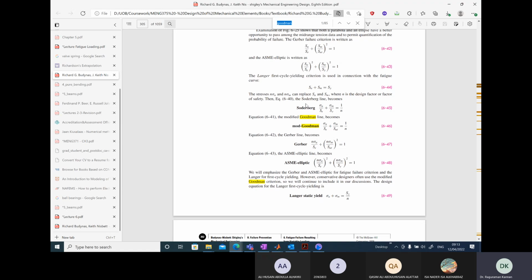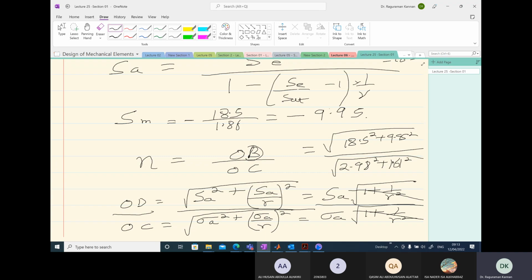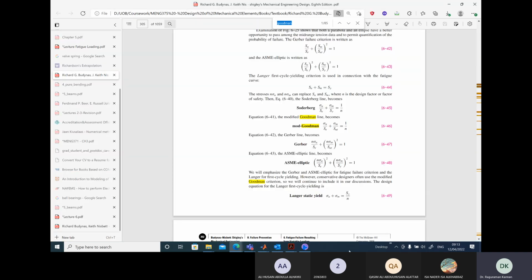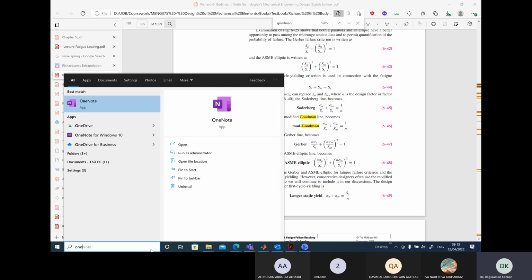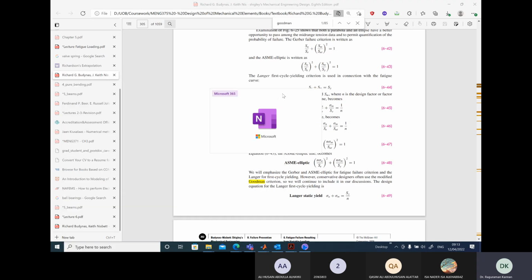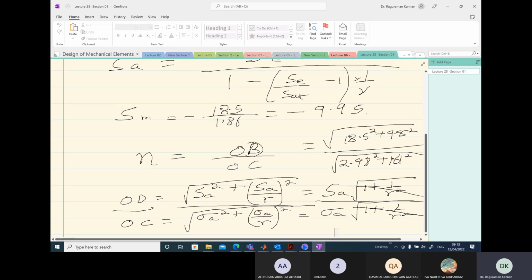Under torsion, we do not have the normal stress, normal amplitude or normal mean stresses. So what should be the equation I should use under pure torsion problems? Now it seems to be working.